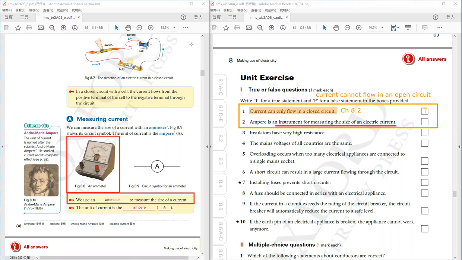So we can say that this is a wrong question. Why? Because the instrument is not called ampere. It is called ammeter.